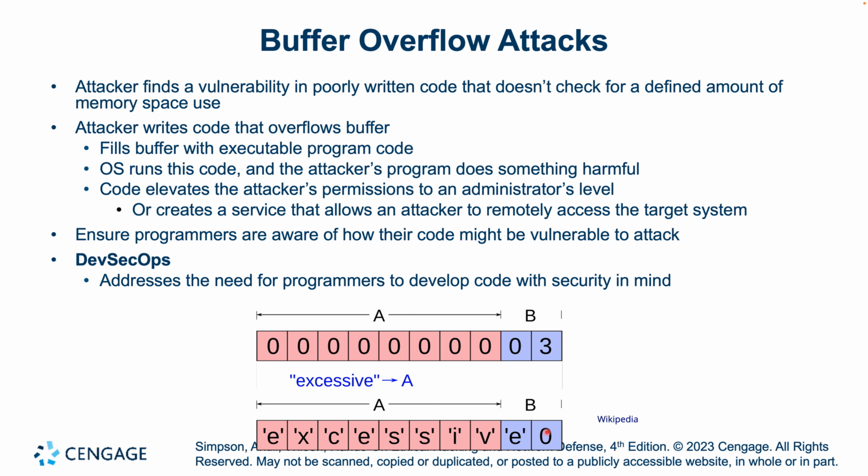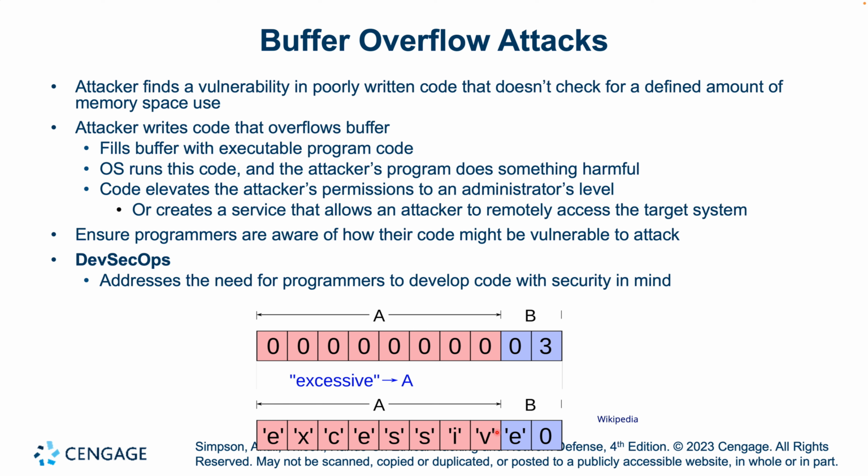So, why does it happen? Well, poorly written code is one of the reasons, along with a concept called input validation. There's no input validation in this program. Input validation validates and sanitizes user input to ensure it fits within the expected boundaries of the buffers and memory location.